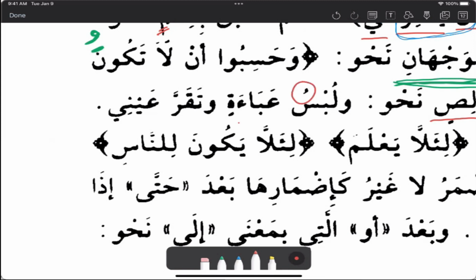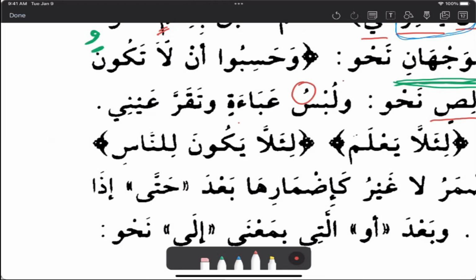There's a dhamma here on lubsu that should make you know that that's the head of a sentence, subject. Could be a predicate, a khabar. وَلُبْسُ عَبَاءَةٍ, and the wearing of a عَبَاءَةٍ. وَتَقَرَّ عَيْنِي, and that it pleases my eye.